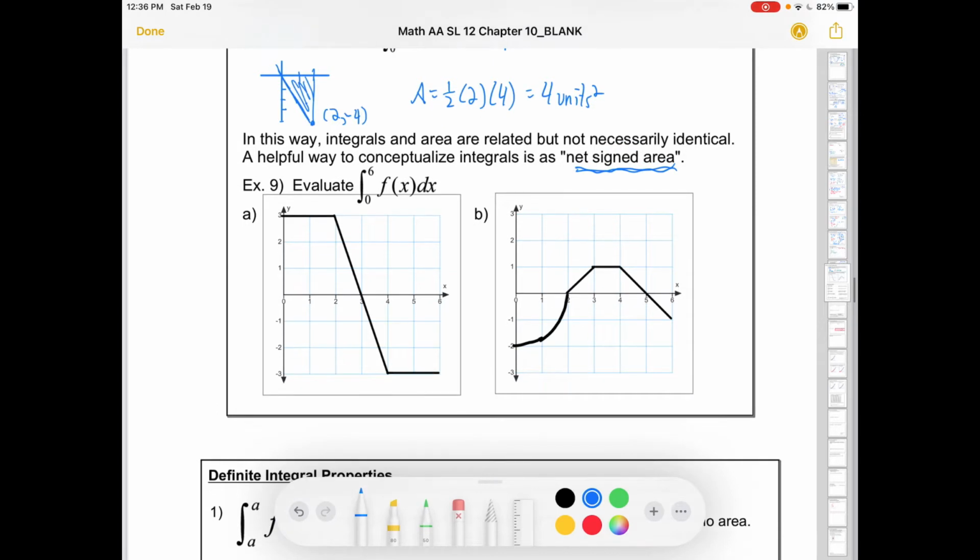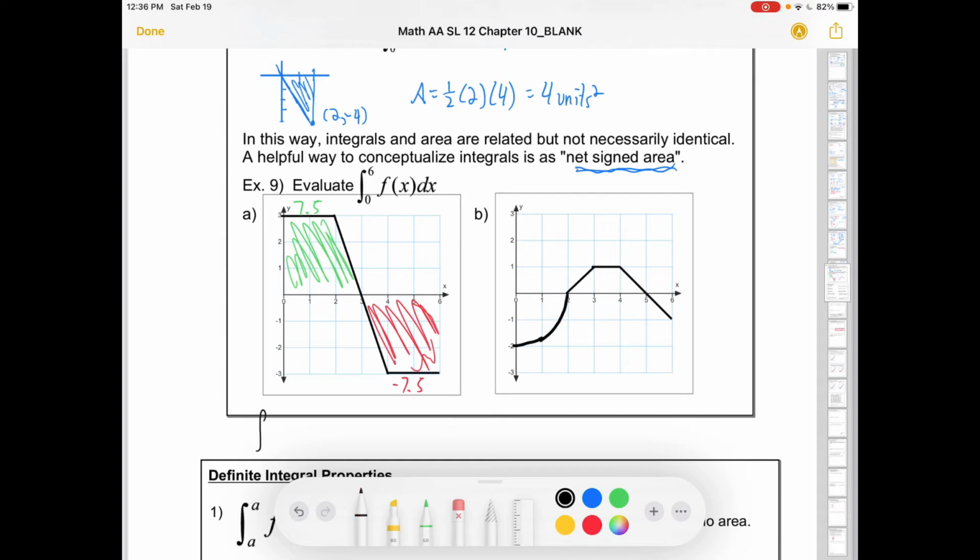So if I were to evaluate these two geometric ones down here, if I wanted the integral from 0 to 6, I could figure out that this area right here is 6 full blockies, and then 1.5 for the triangle. So this is going to be 7.5. And this area over here, between the x-axis and the function, is also 7.5. But as an integral, it's going to be counted negatively.